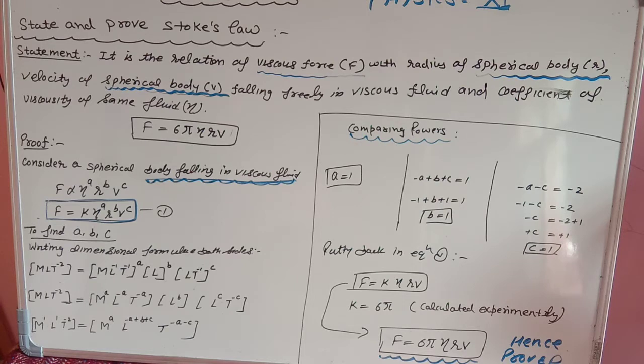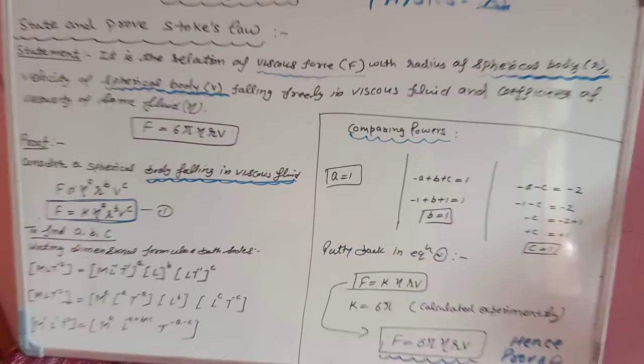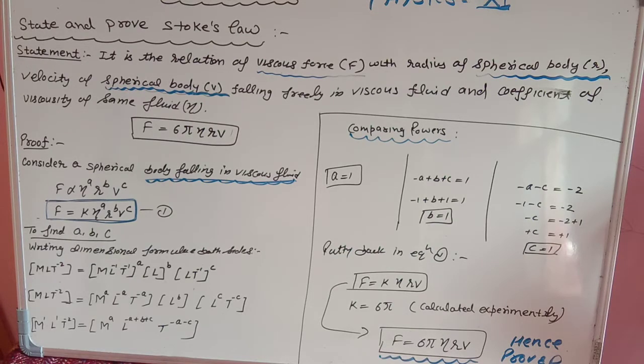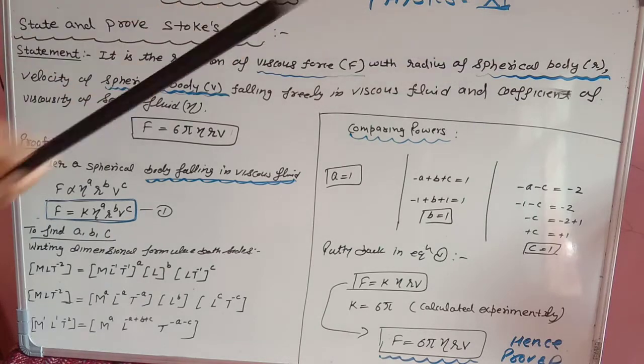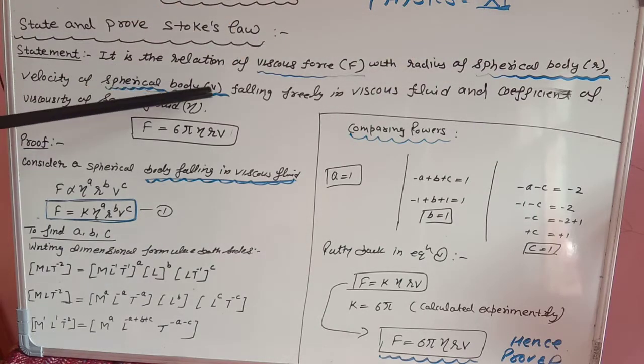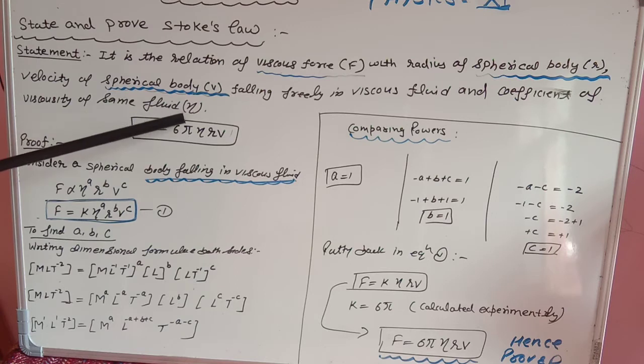So this Stokes' law is directly related to this concept. It is the relation of viscous force F with the radius of the spherical body, that is R, and the velocity of the spherical body falling freely in a viscous fluid, and the coefficient of viscosity, that is eta.